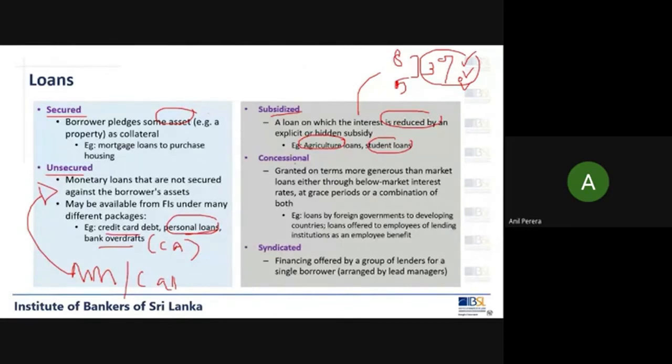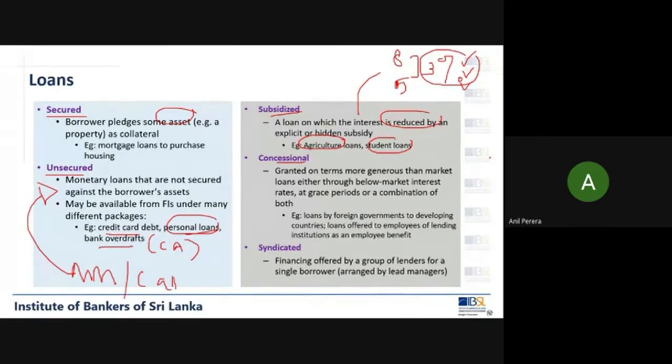And there are some concessional loans, which means granted in terms more generous than market loans, either through below market rates or a grace period or a combination of both. Some loans are provided for a longer period, and out of that longer period, a certain period is exempted for paying interest or any installment.